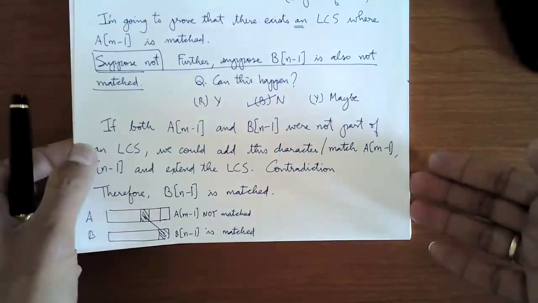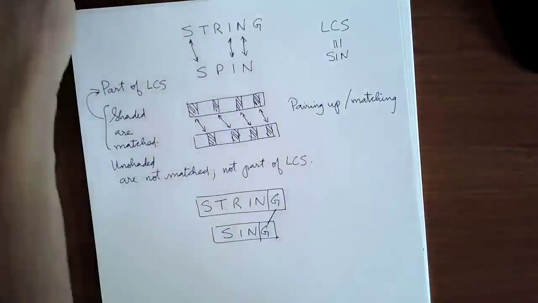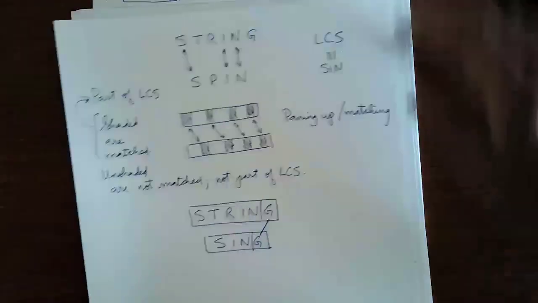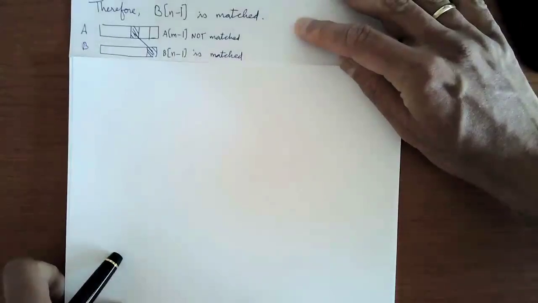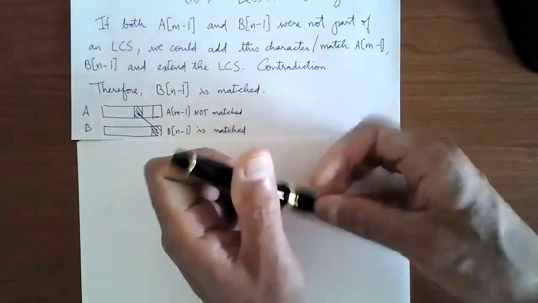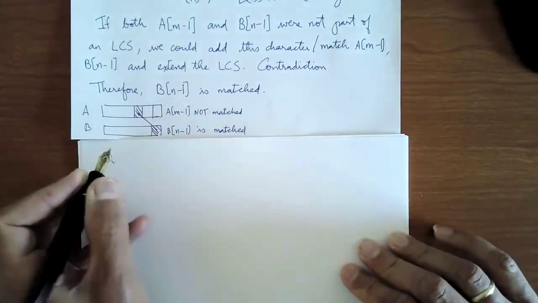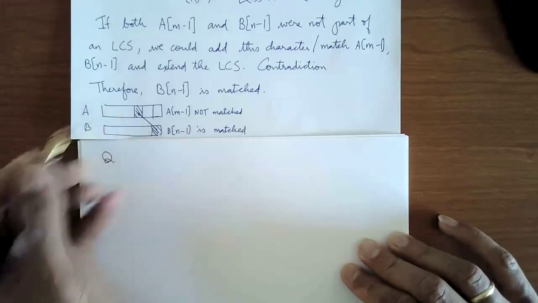Okay, now here is another question. I'll keep this out of the way and go back to it for drawing examples. And here is my question. Remember, this is what's happening in the LCS.